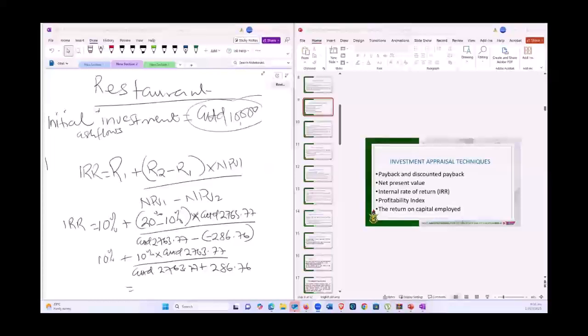0.091. Did you add the 10% to it? 0.191. 0.1905.